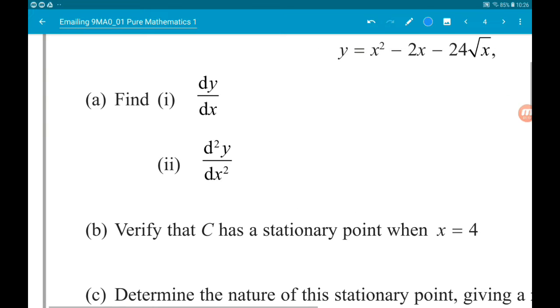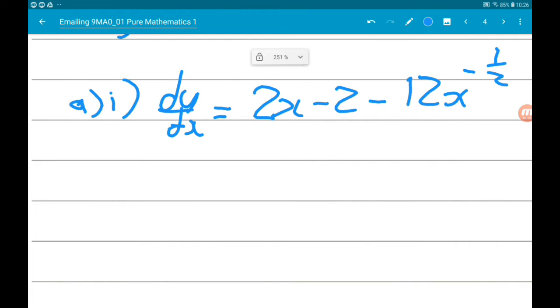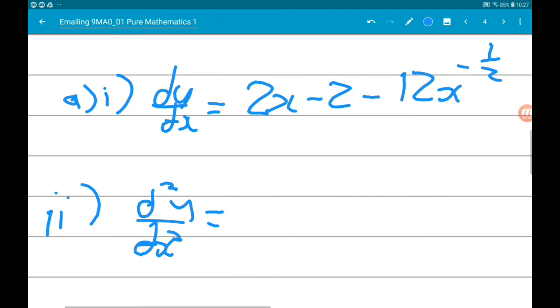Part 2 wants d squared y by dx squared. So the second derivative is going to be 2.